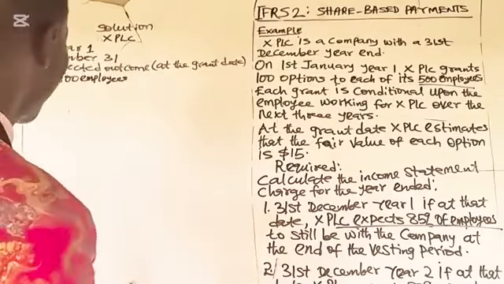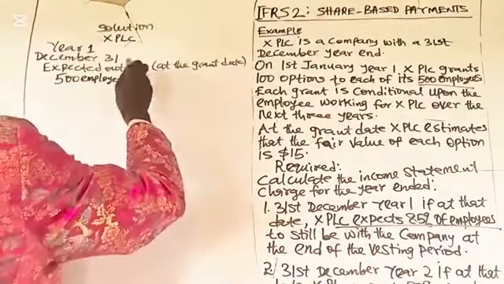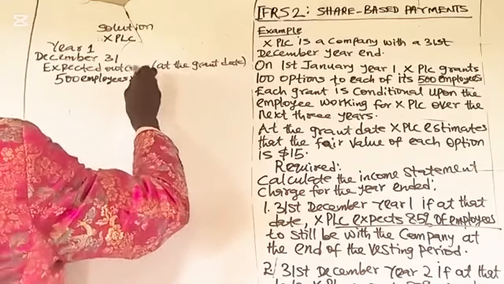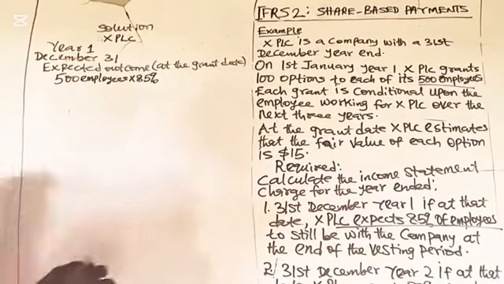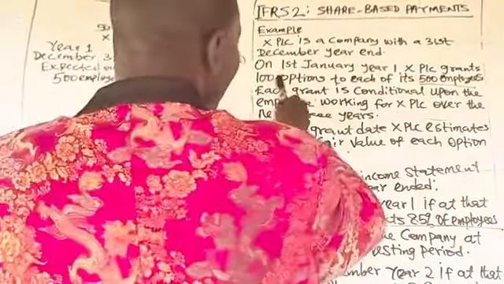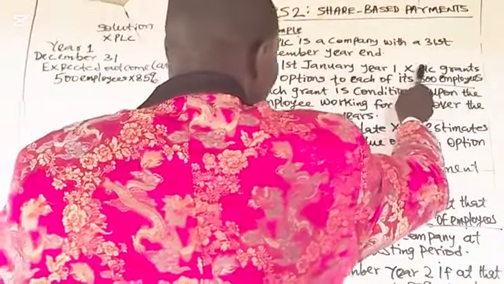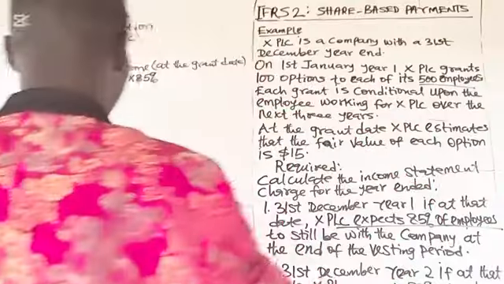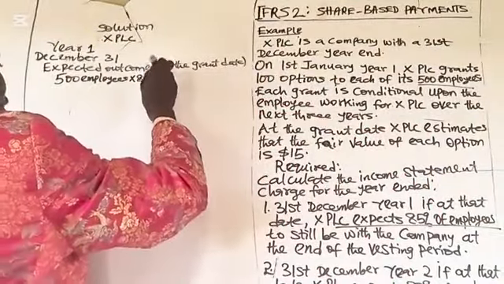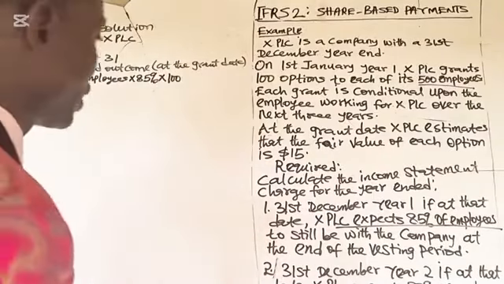Of these 500 employees, you expect 85% to still be with the company, times 85%. Then, what is the share options? On 1st of January year 1, XPLC grants 100 options, multiplied by 100 share options. And at what price?